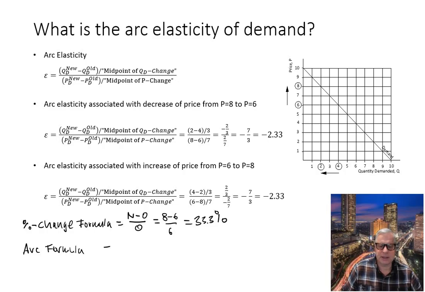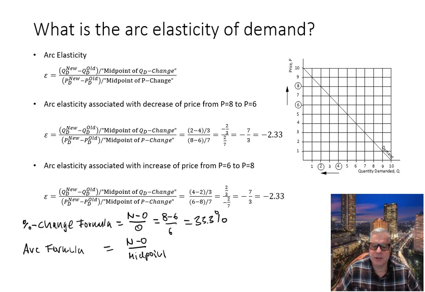The arc formula is basically very similar. We also start with the new minus the old, but then we divide by the midpoint between the new and the old. So in this case, we would also do 8 minus 6, so the numerator stays the same, but now instead of dividing by the old value, which would give us the percentage change, we divide by the midpoint between 8 and 6, which is 7.